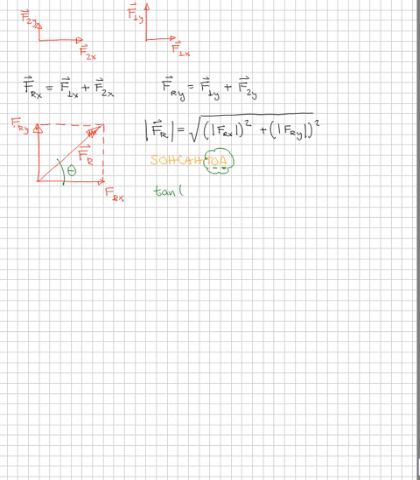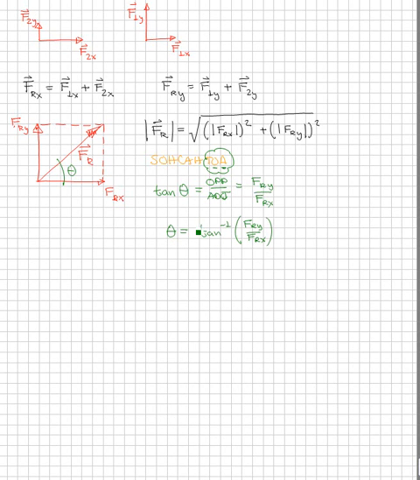So the tangent of theta is going to be equal to the opposite over the adjacent, or in terms of our forces, that will be the y component of the resultant force divided by the x component of the resultant force. Therefore, theta will be equal to the inverse tangent of the y component divided by the x component.